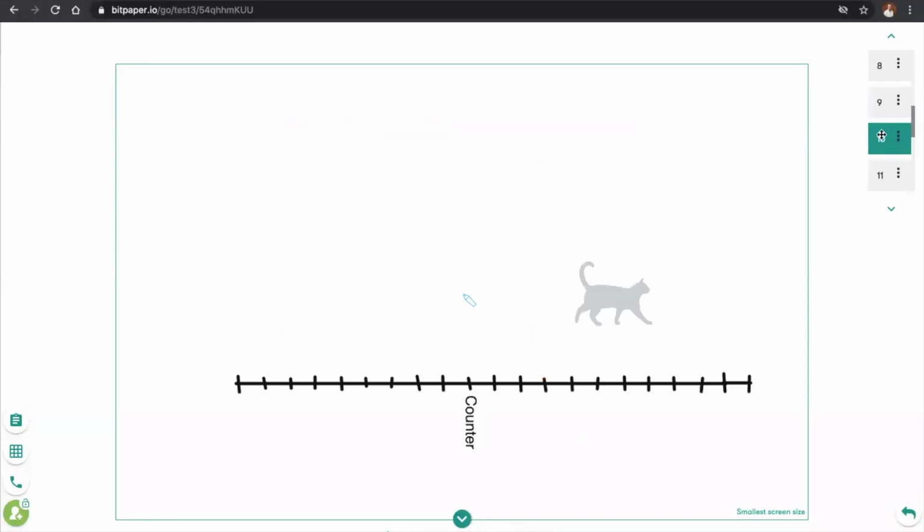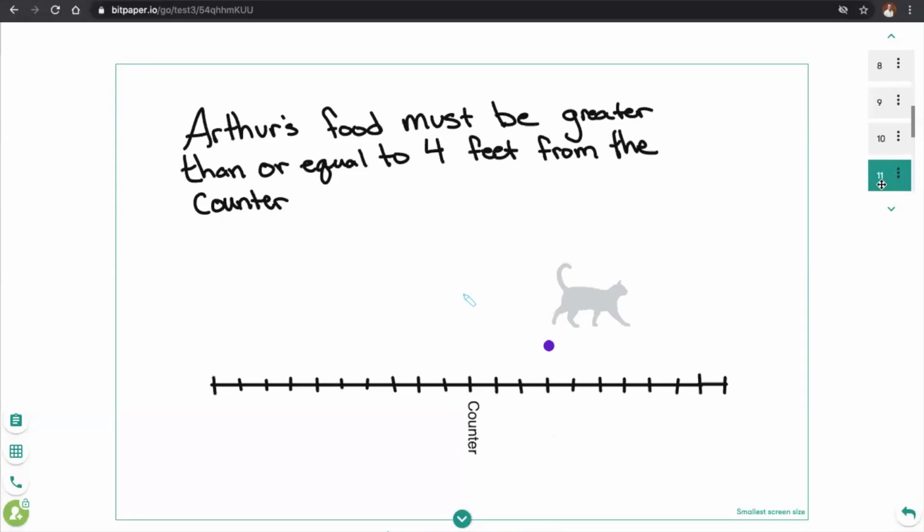So first off, I would like to kind of show you the layout of where these cats eat. They all eat in the same kitchen, and there's a counter right in the middle of the kitchen. So Arthur's food, he's the gray cat, Arthur's food must be greater than or equal to 4 feet from the counter.